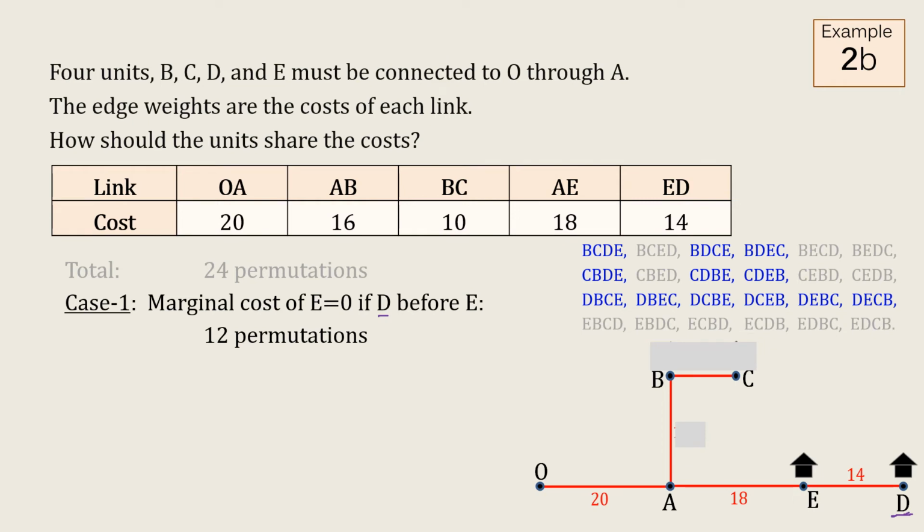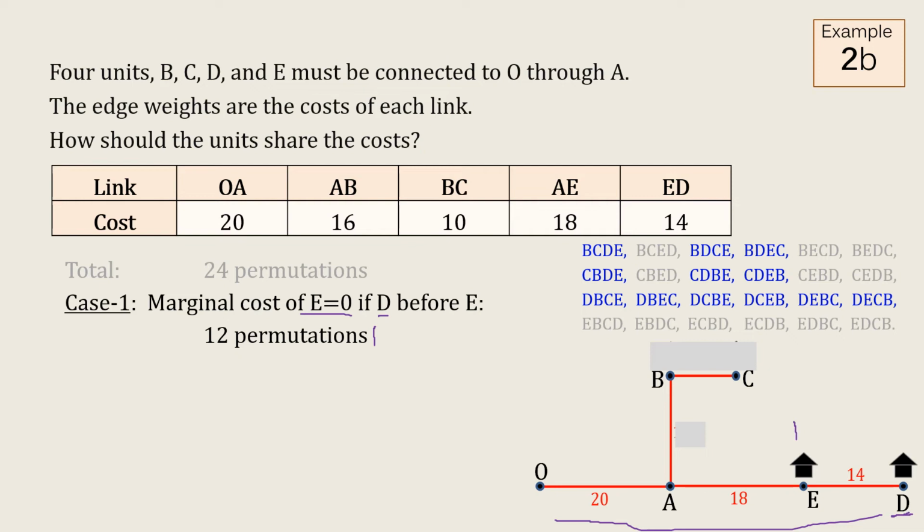So this part of this link has already been established. So when E arrives, its marginal cost or marginal contribution is 0. And there are 12 such cases where D arrives before E. And these are colored in blue.